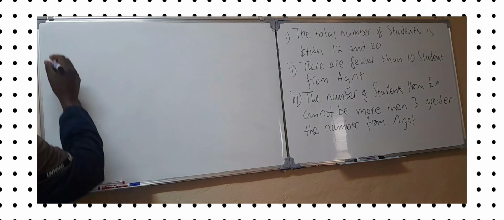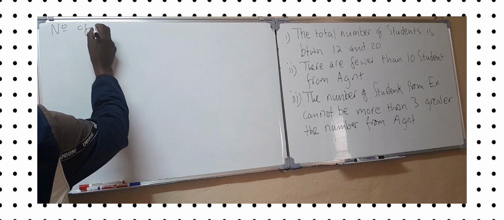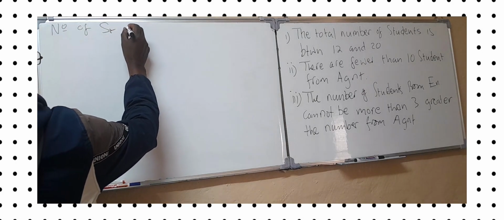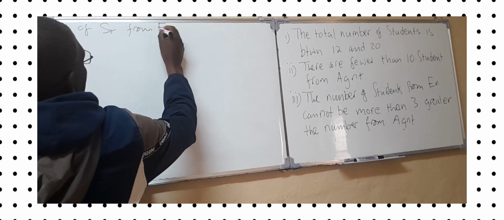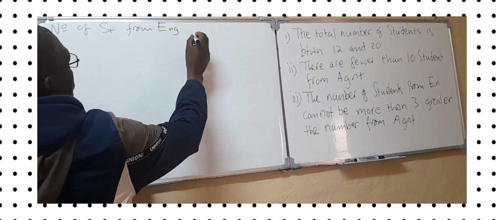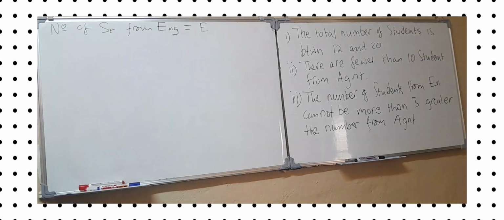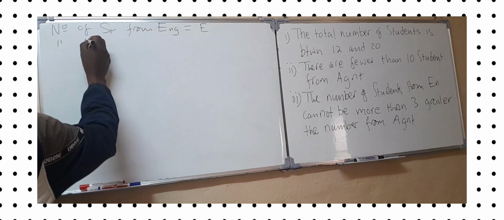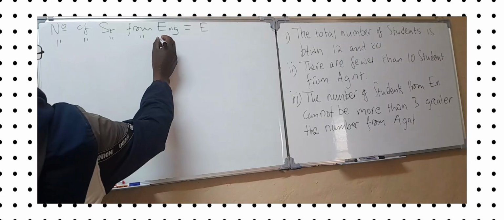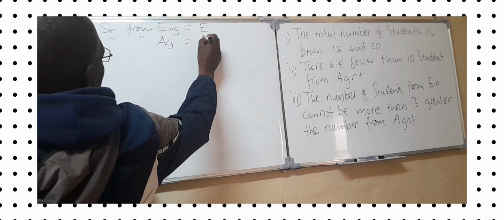Let's call the number of students from England E. So E students are going to come from England. Similarly, let the number of students from Argentina, AG, be equal to A.